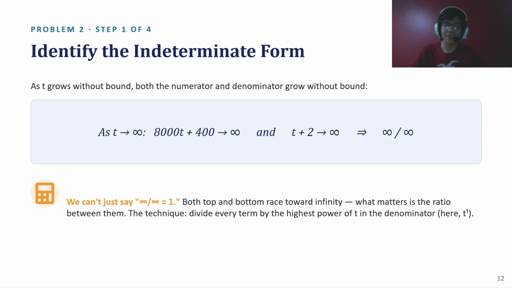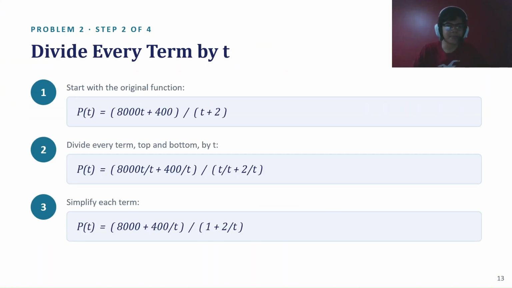The technique: divide every term by the highest power of t in the denominator. Here that is t to the 1. This is interesting. We can just say infinity divided by infinity equals 1. Divide every term by t. Part 1: start with the original function, like I said in the beginning of the problem.